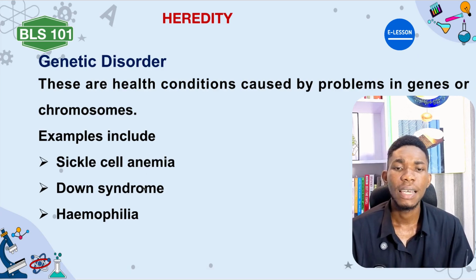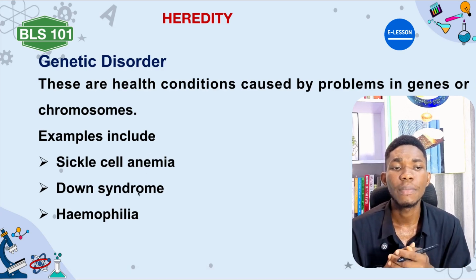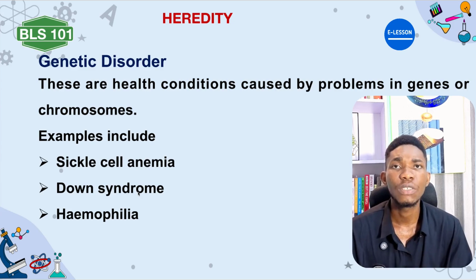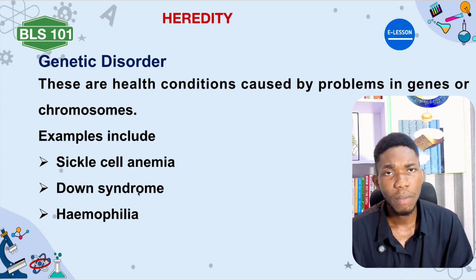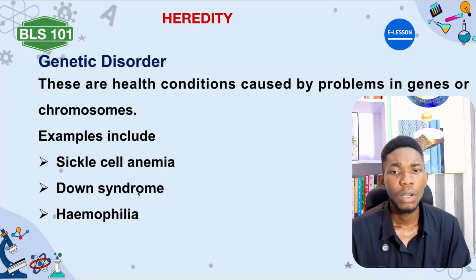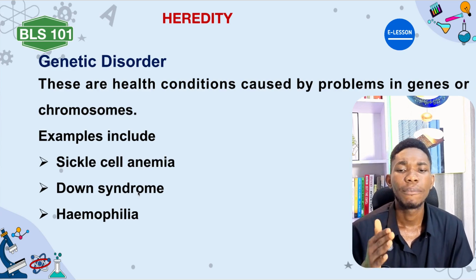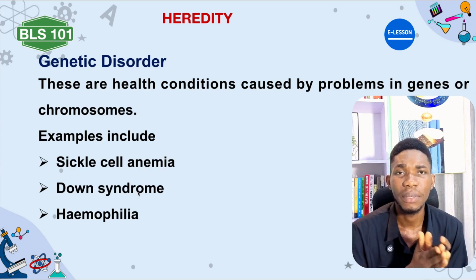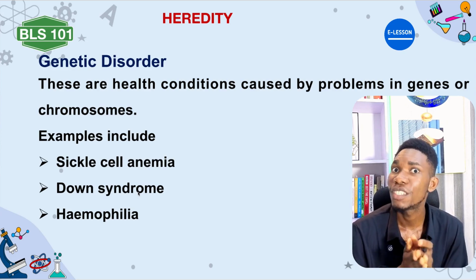Genetic disorders are health conditions caused by problems in the genes or chromosomes. If there is chromosomal aberration, meaning abnormality in the chromosome, it will cause serious health conditions. And these health conditions are called genetic because they have to do with what? An aberration of the gene.